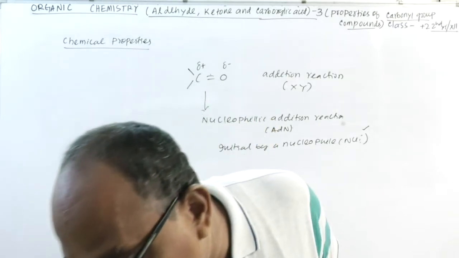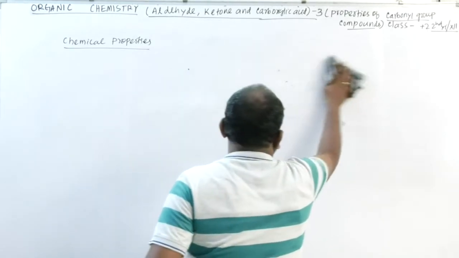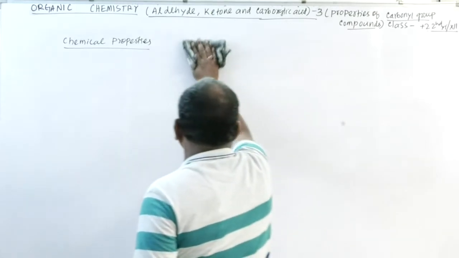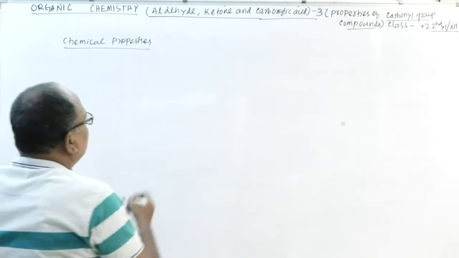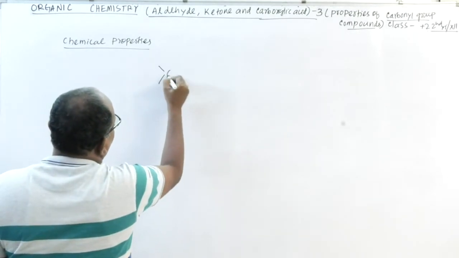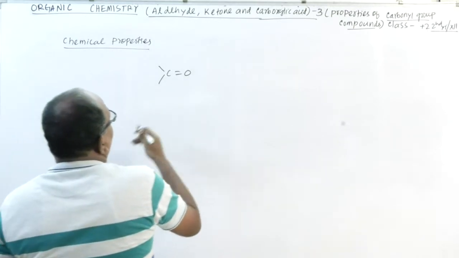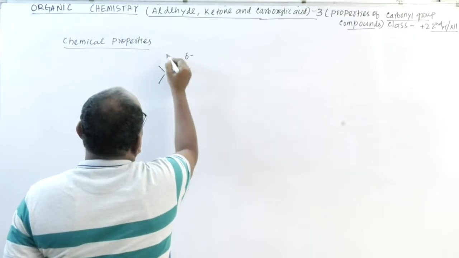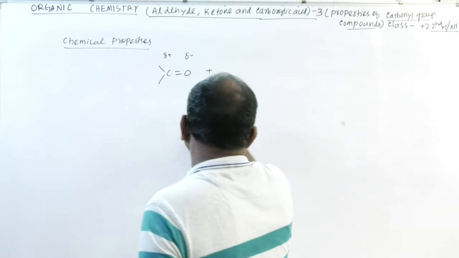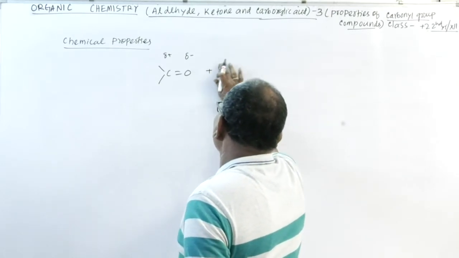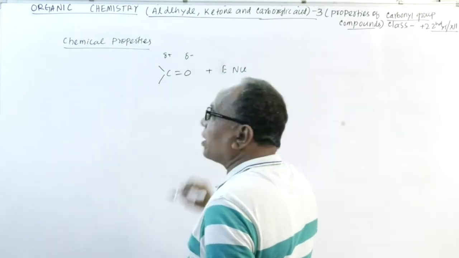Okay, students, let us see how the reaction takes place. So this is your carbonyl group compound. In this carbonyl group compound, this is fractional negative, this is fractional positive, plus this is your addendum. The addendum consists of an electrophilic part and a nucleophilic part.